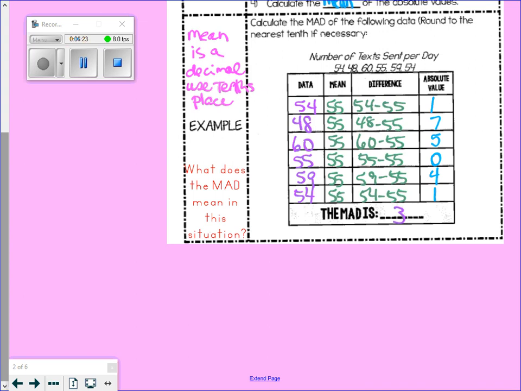Okay. What do these data values represent? Number of texts sent per day. And the MAD is 3. What can we write that 3 means? The average difference between the mean and the average. Can we use some words here? The average number of texts.